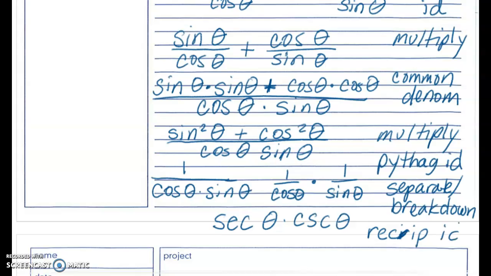Reciprocal identity. Can we do anything to make secant simpler or cosecant simpler? Nope. When you have nothing else that'll make your problem simpler, that's when you know you're done. Like I said, these take practice. I know they're different. All right. A couple more.